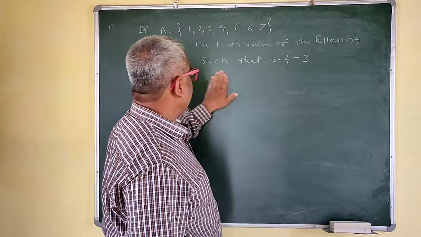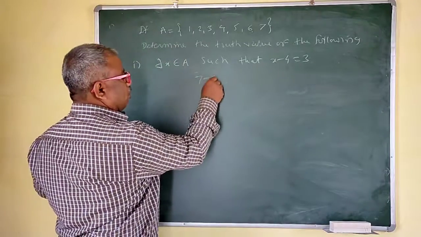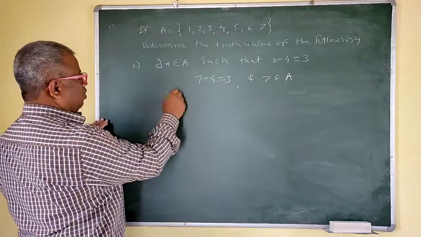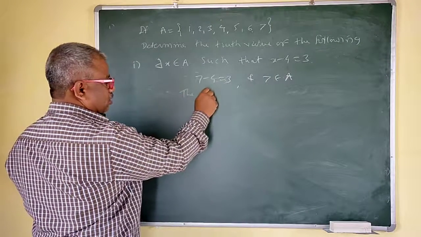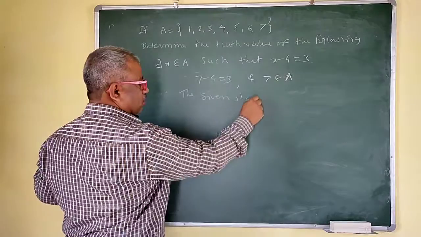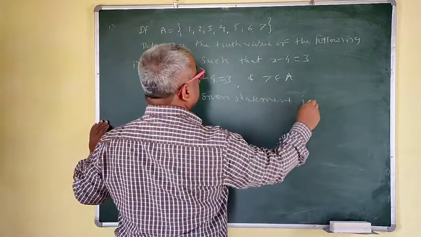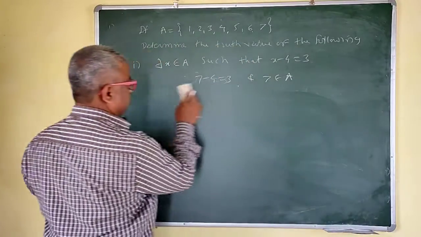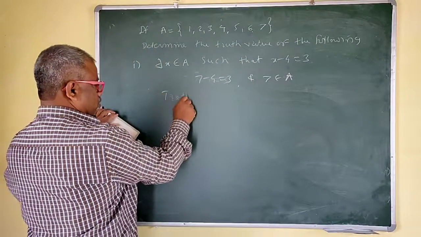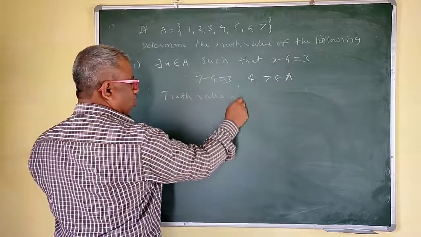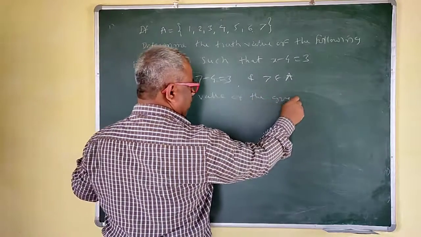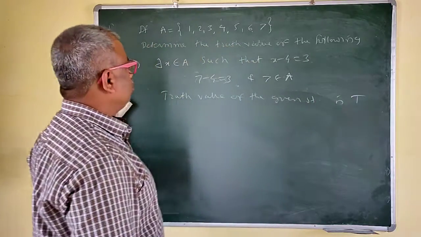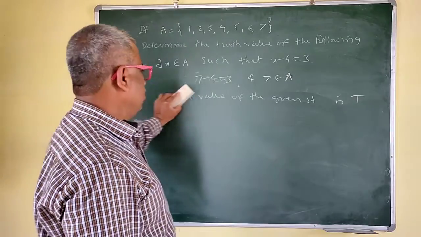Now we have the one element: 7 minus 4 is equal to 3, and 7 belongs to A. So the truth value of the given statement is T.